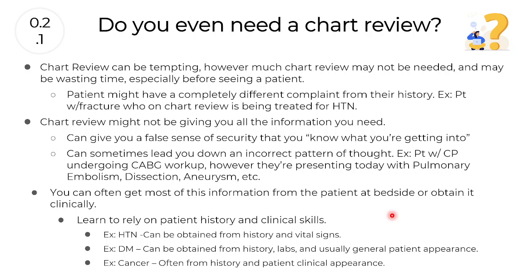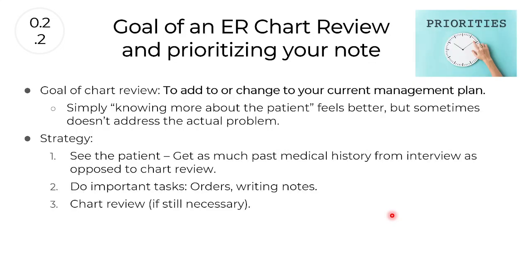Basically, this is a section to tell you that you can trust your clinical opinion and your clinical decision making and rely on a lot of history and physical to get information that you would have obtained from a chart review. Thereafter, you actually can go into the patient's chart, but seeing that patient quickly and not doing an extensive chart review before even getting to the patient can extremely help workflow issues.